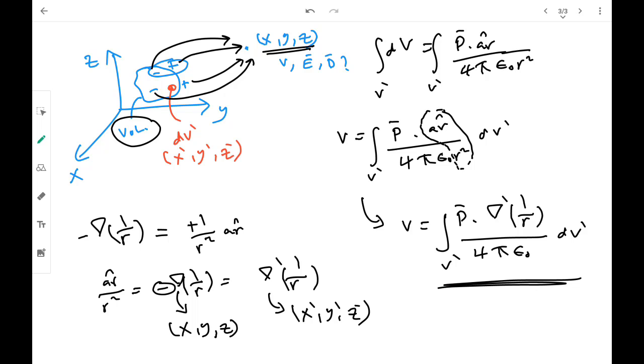Now, in order to solve this integral, we need a certain identity.